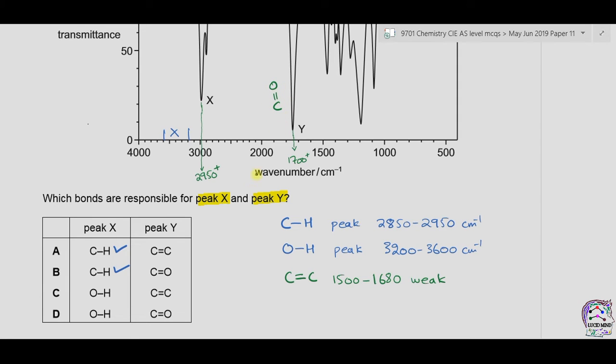Now carbonyl peak is around 1670 to 1740 per centimeter, sharp or strong. So it could be carbonyl, as in B both options are correct, so therefore this is the answer.